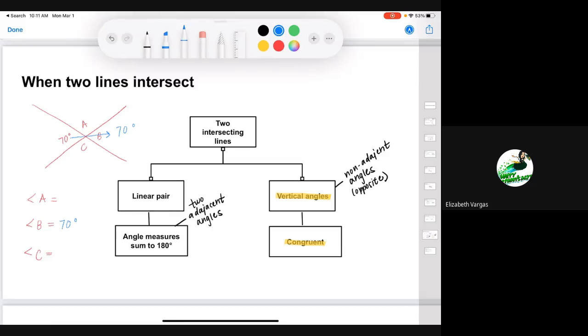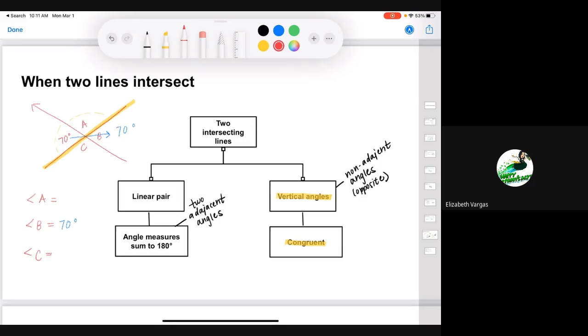Well, yes, I can. What I can do is I know that A and my 70-degree angle are a linear pair because they share that same line. So what I'm saying is that this angle and this angle are linear pairs, right? Because they share that same line and they share a common ray. This would be my common ray.